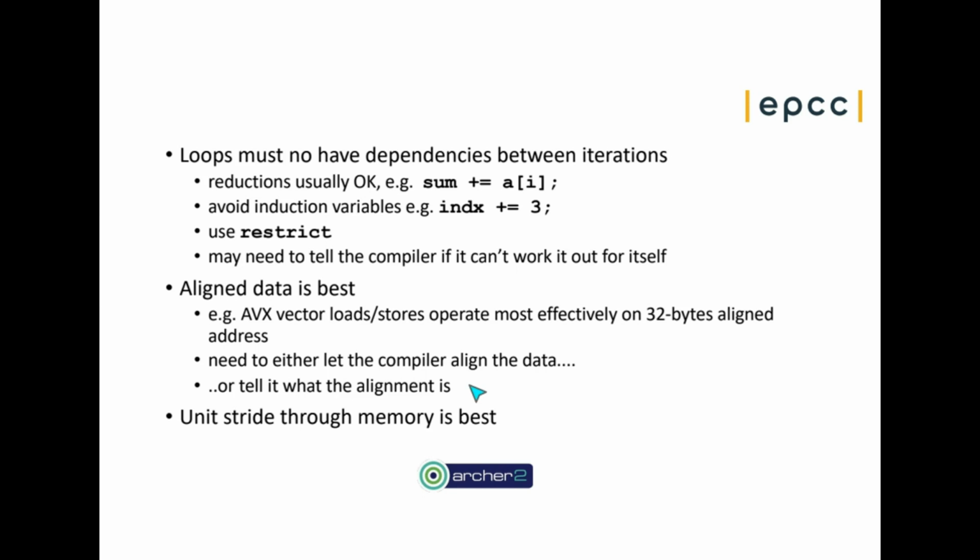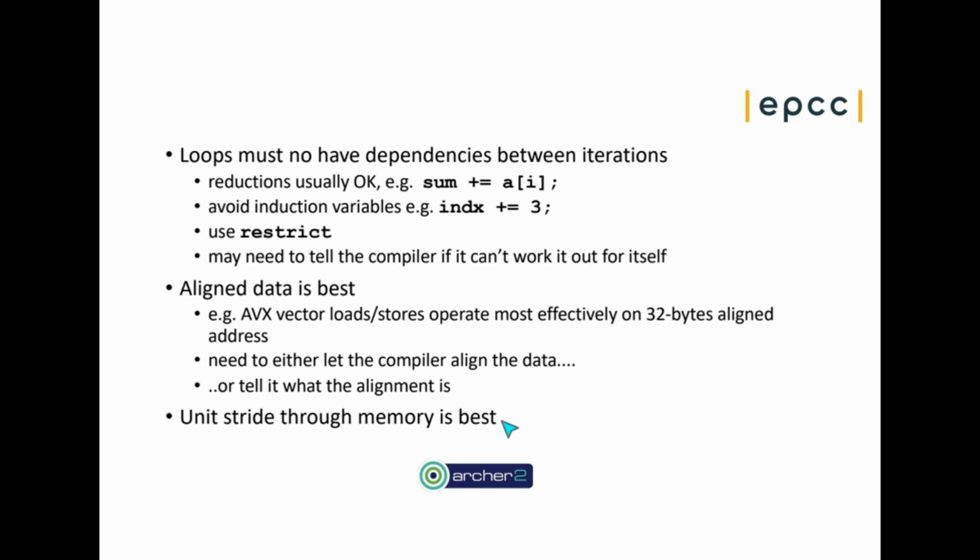The usual problem is that if you pass something through the argument list to a function, then the compiler cannot tell what the alignment of your array might be, because the thing that you pass at the start might be any old element of the array, so it doesn't know.